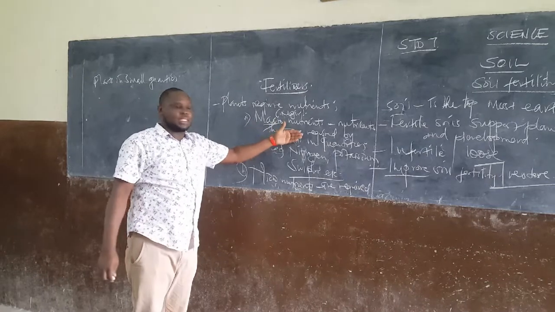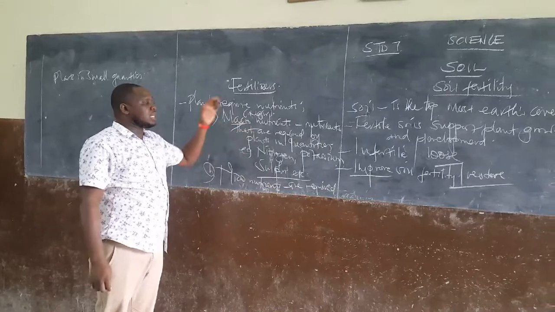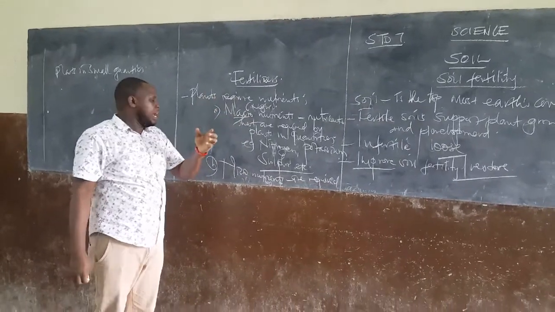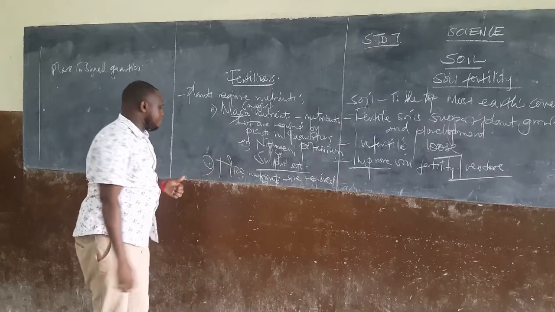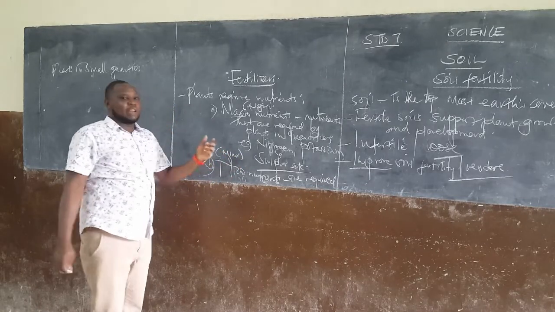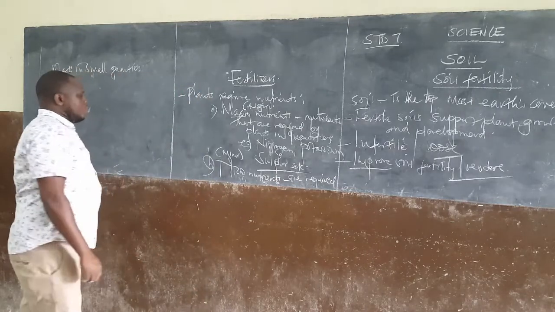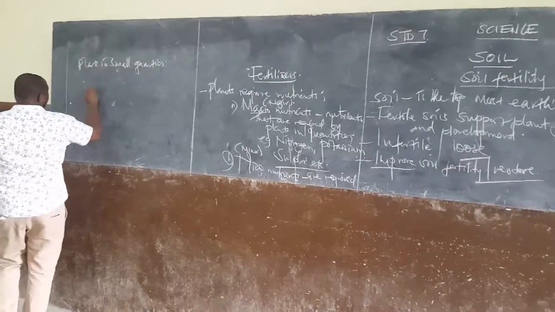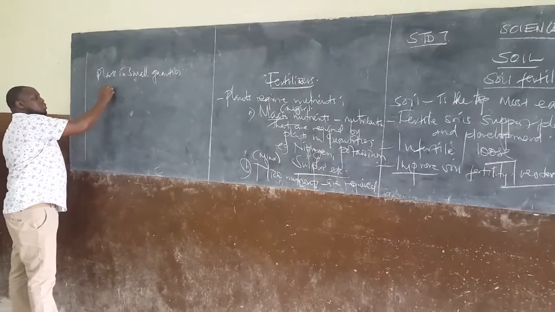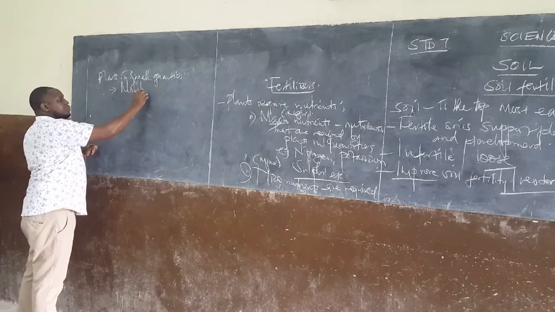We have macronutrients and micronutrients, whereby macronutrients are required by plants in large quantities, and micronutrients, or minor nutrients, are required by plants in small quantities. And so we want to give examples of micronutrients, small nutrients. We have what we call molybdenum.